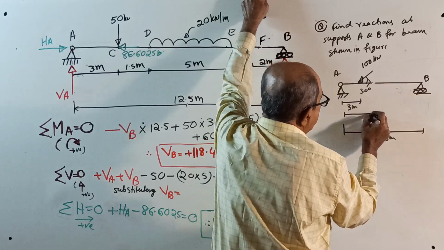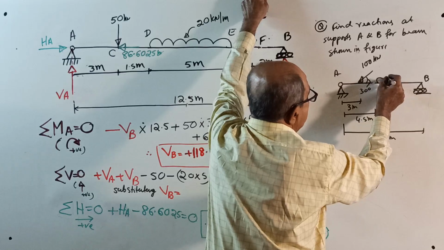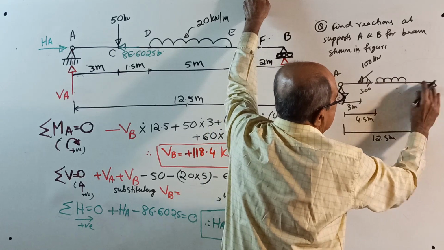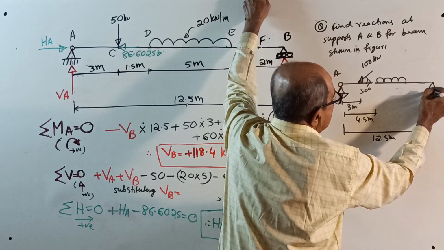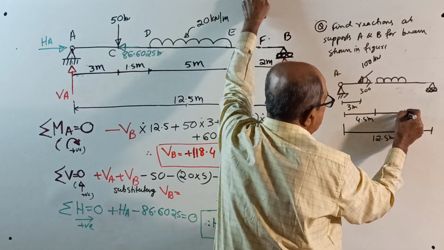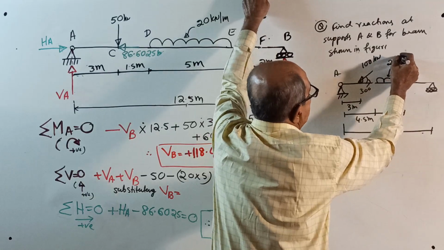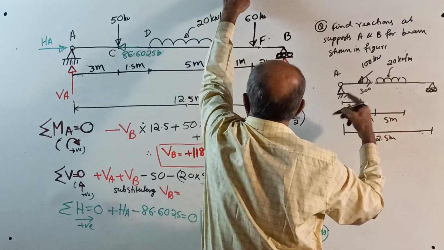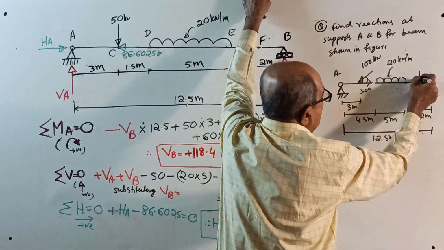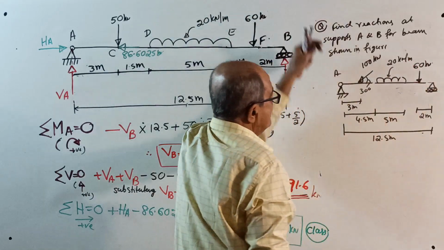Then from the left side, you go by a distance of 4.5 meter, then start a UDL. One hinge, one roller. Then UDL for a length of 5 meter, intensity is 20 kilonewton per meter. Then from the right side, come by 2 meter, there is a point load of 60 kilonewton.